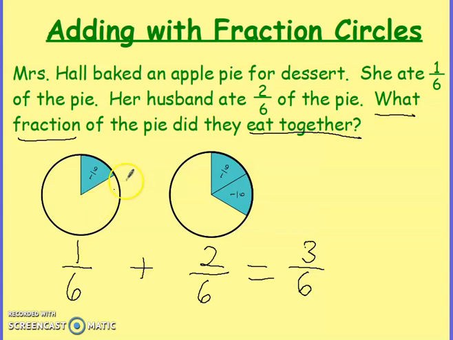We could also solve it using the models themselves. We can take my 1/6 from my pie and add it on to the other pie. And here we see 1, 2, 3, 6. So you can either do the equation or you can use the models themselves.